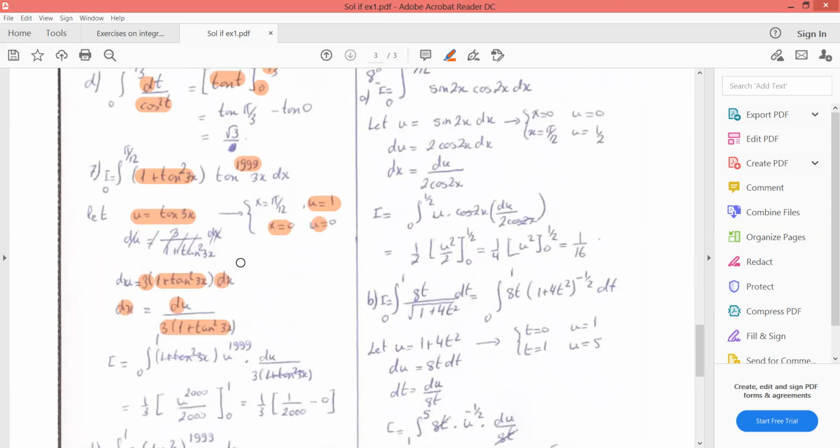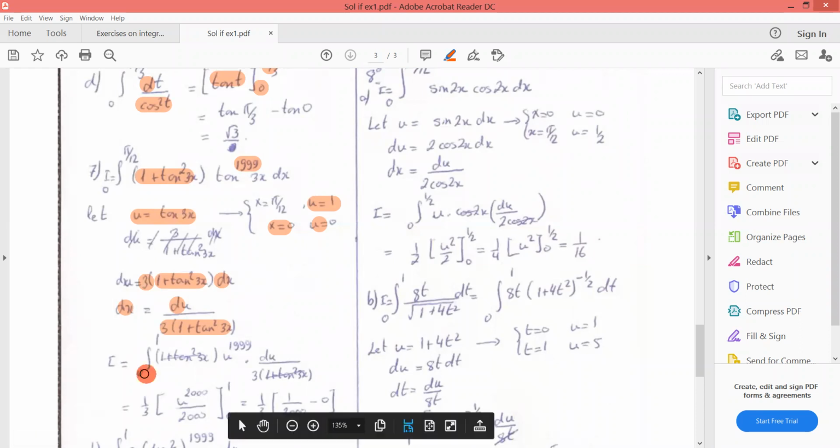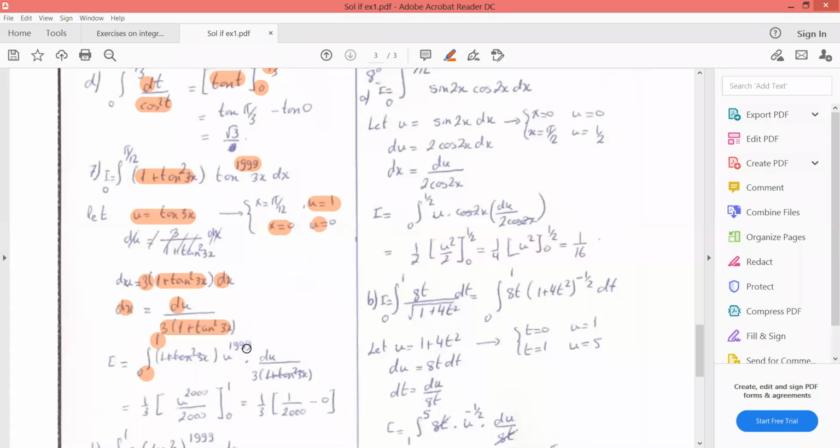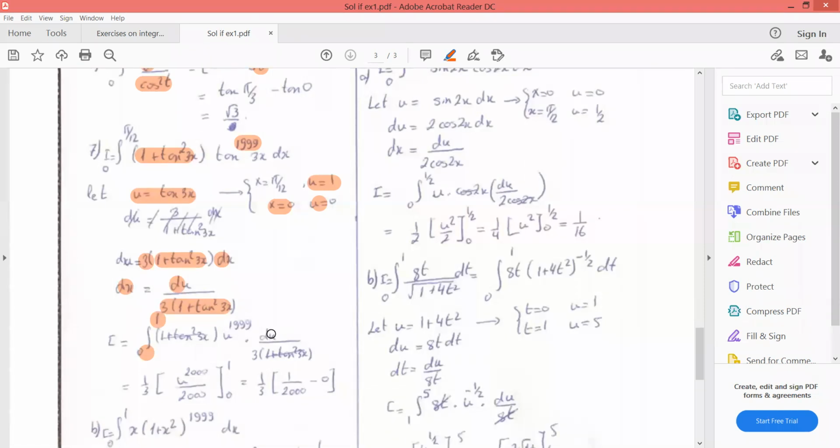Professor, how did we do the derivative here? First I take the derivative of the inner part, 3x. What is the derivative of 3x? 3, times the derivative of tangent, which is 1 plus tangent squared 3x. So the 0 stays 0 and pi over 12 becomes 1. We have 1 plus tangent squared 3x times u to the power 199, dx is du over this one.